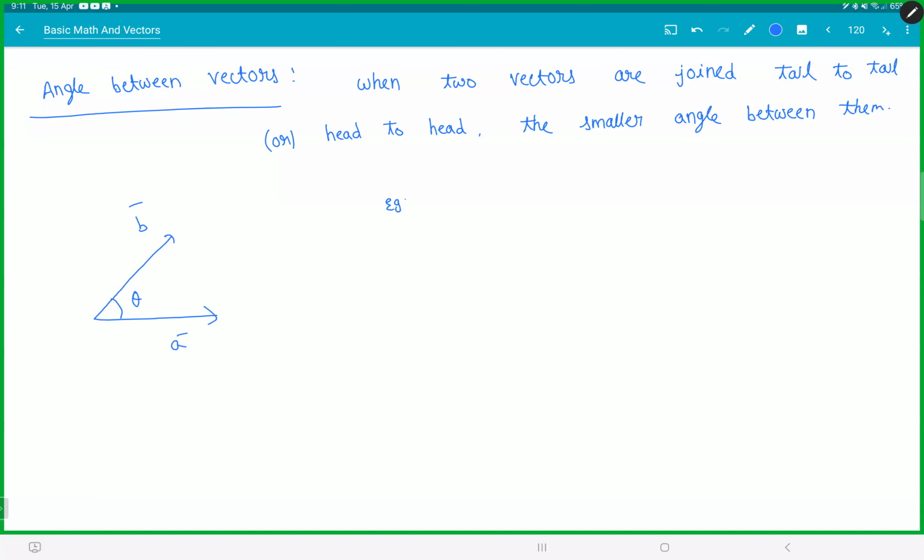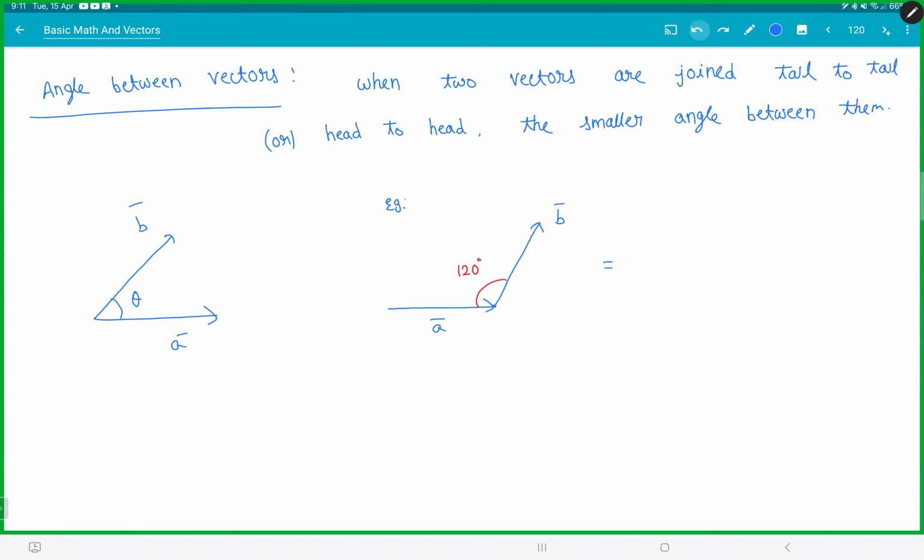Example, if someone gives you this is A bar, this is B bar, and let's say they give you this angle as 120. What is the angle between the vectors? It's not 120. First, look at this. Here the tail and the head are joining. So first you need to shift them. Can I push this vector A forward?